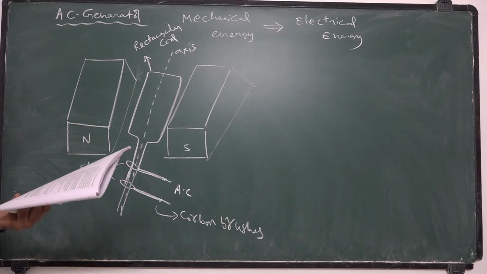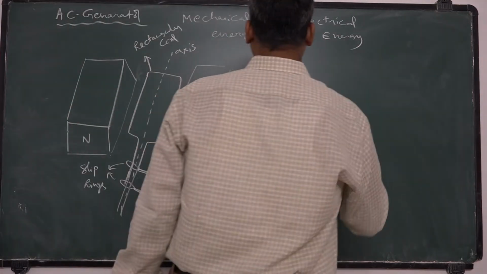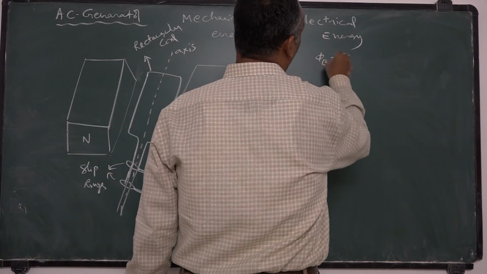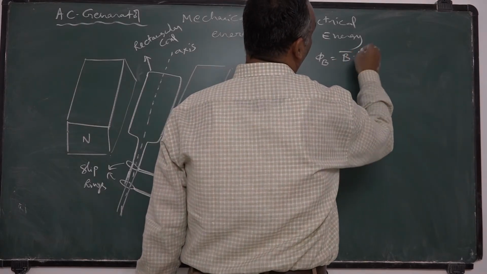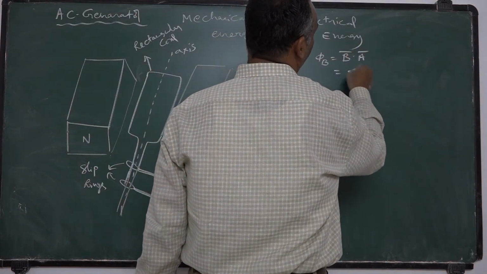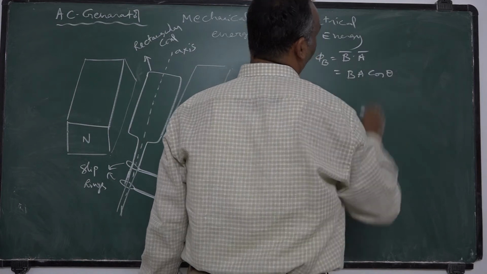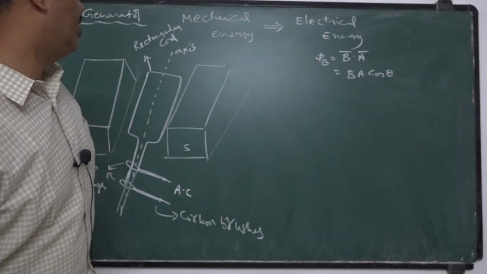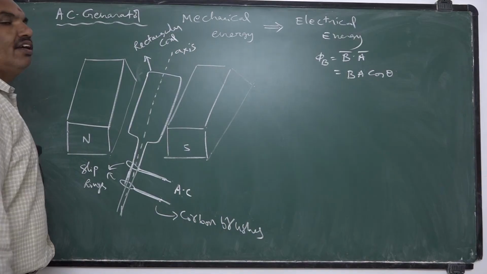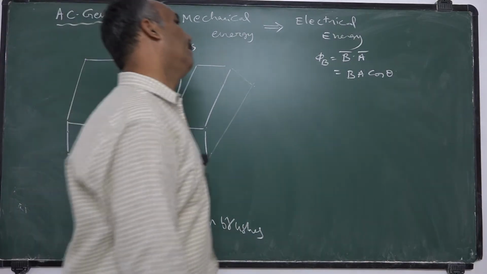Here if you see, the magnetic flux linked with the coil can be calculated with the help of B bar dot A bar. That is nothing but BA cos theta. Theta is the angle between B and A, magnetic field and area of the coil.